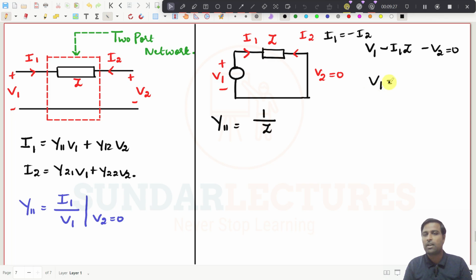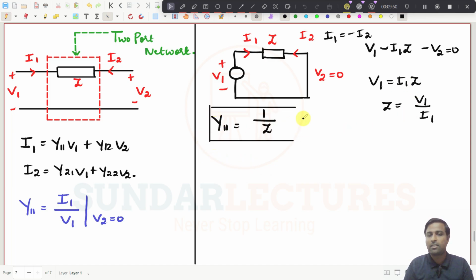So V1 will become I1 and Z, and this V2 is 0 here, obviously. So what happens to Z? It will be V1 by I1. So what is this expression now? It is the inverse of the Z value. So you got the value of Y11, right? This is the value of Y11.